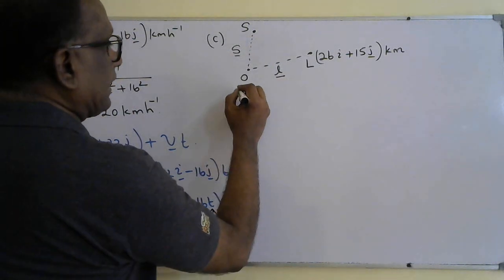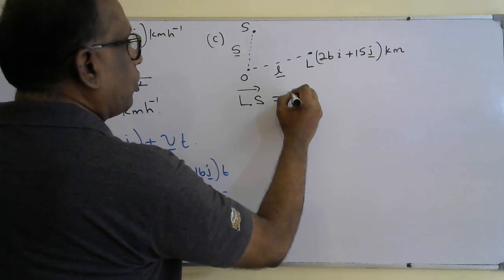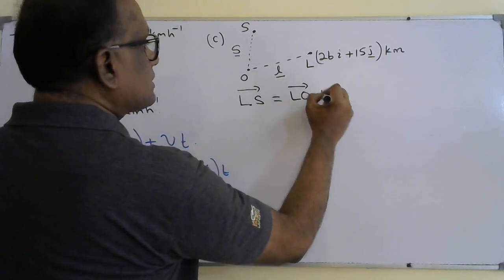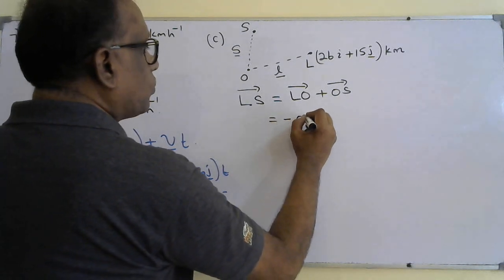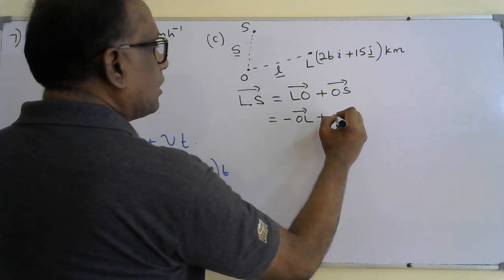So position vector LS is going to be LO plus OS. LO means minus OL, plus OS.